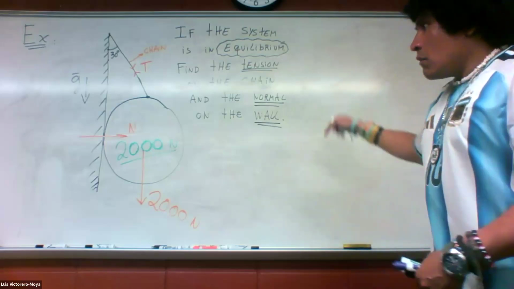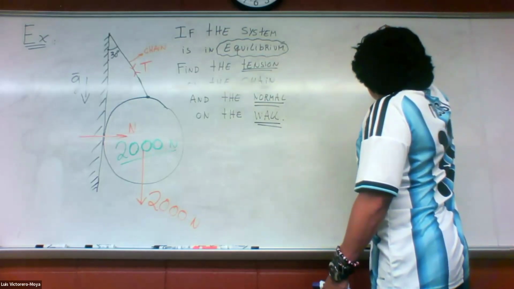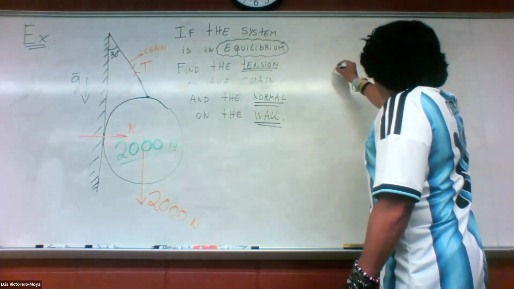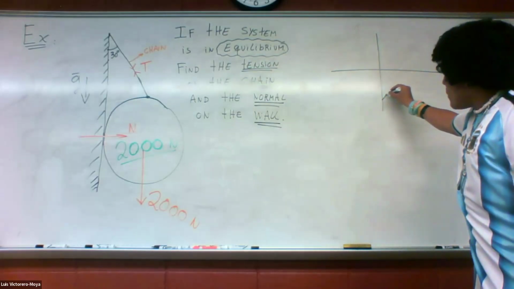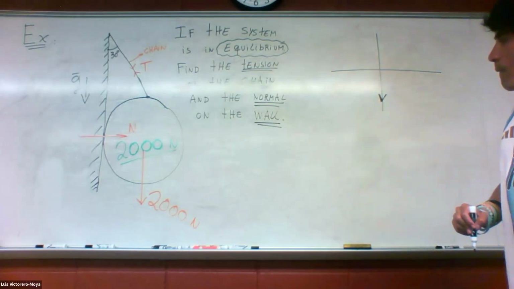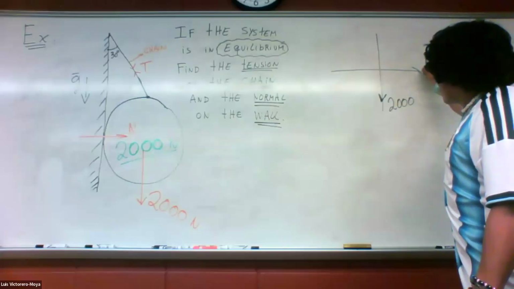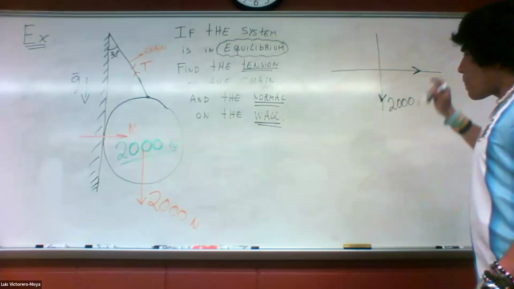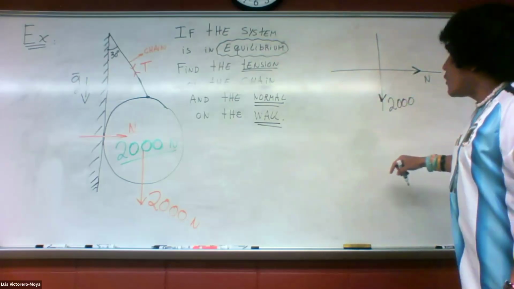Let's draw the, we have X and Y as well, right? Okay. How much is this going down? 2000. What's this going to the right? The normal. How do you draw the tension?